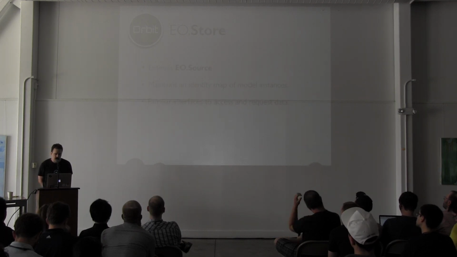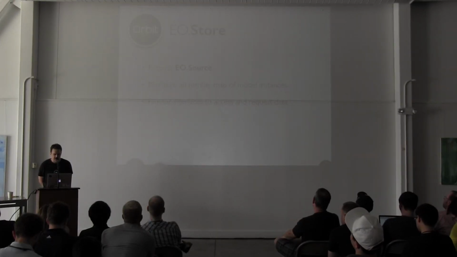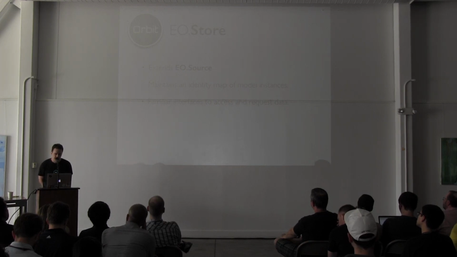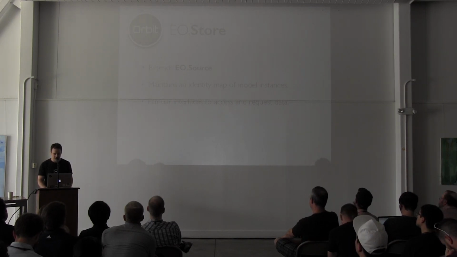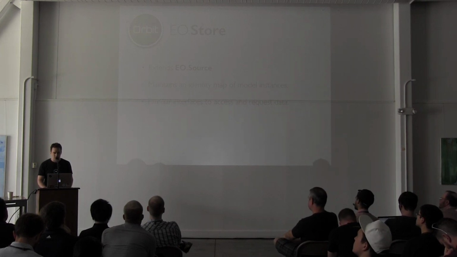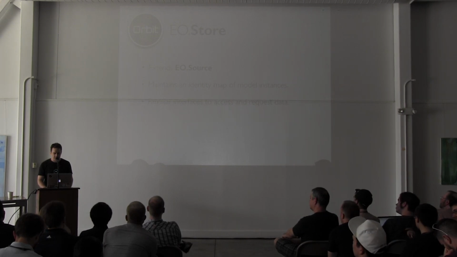The store might look more familiar. It extends the source, and it maintains an identity map of model instances. It's really what's meant to be interacted with from the perspective of an application. And it has interfaces that are quite close, where possible, to Ember Data's store.